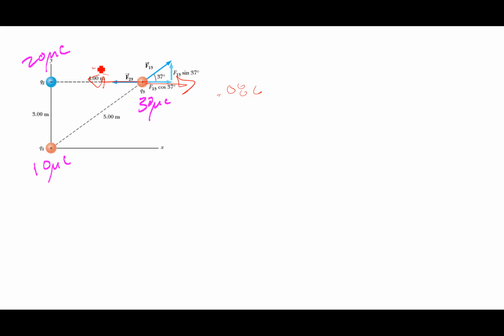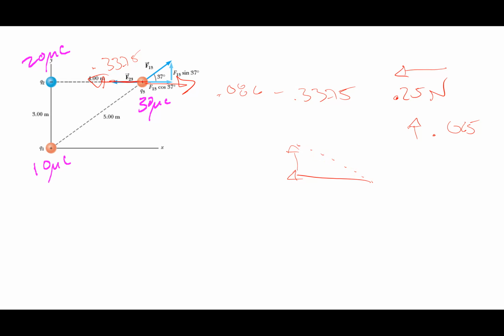Here was 0.3375. So when I find the difference just in the x plane, I get a net force of just 0.25 newtons in the x. And the overall force is going that way to the left. Since there's only one force in the y, he winds up just being 0.065. So I have a force this way and a force this way.